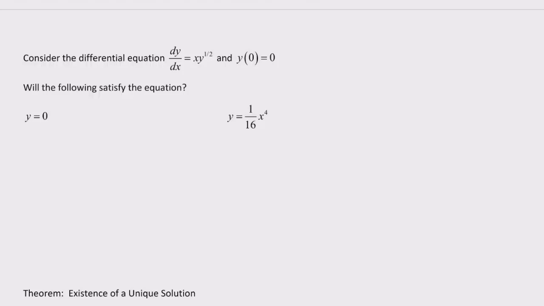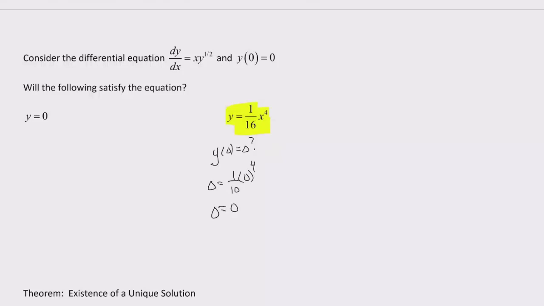Now, this second one we played around with in the first lesson, and we did find that it will satisfy that. We just need to confirm that y of 0 equals 0 in this case. So if I put a 0 in, 1/16 times 0 to the 4th power, that in fact does say 0 equals 0. So that checks.